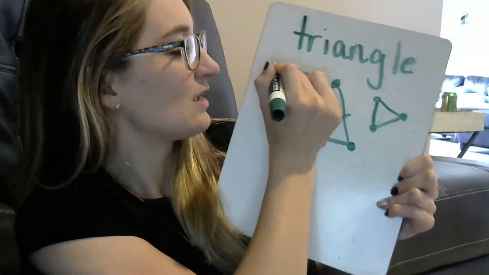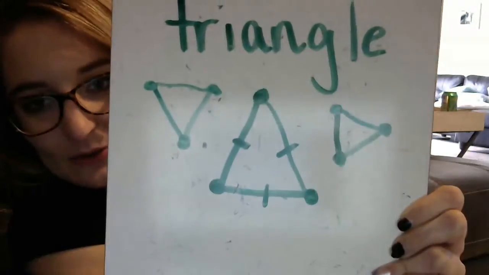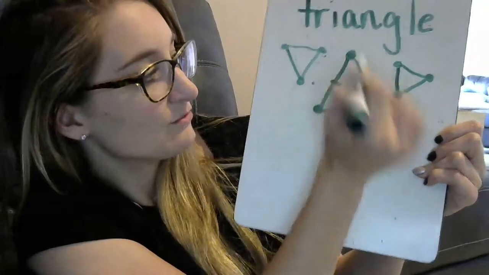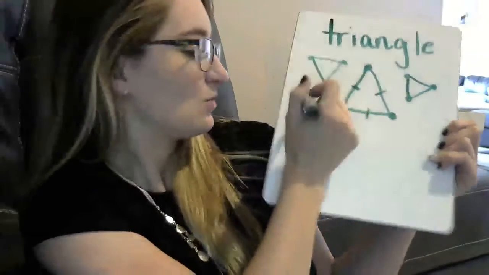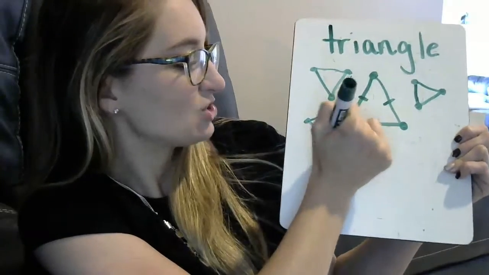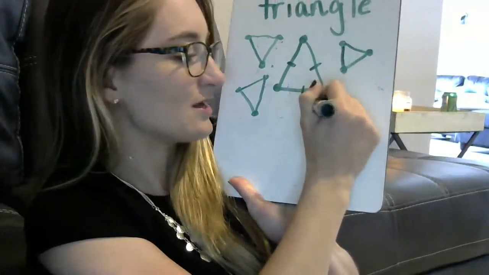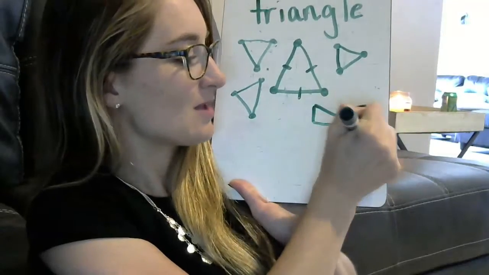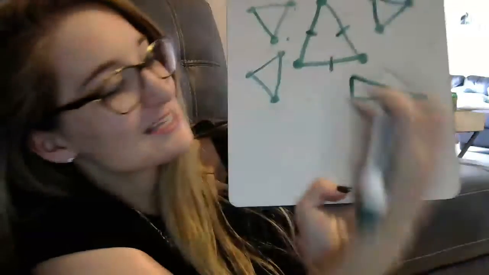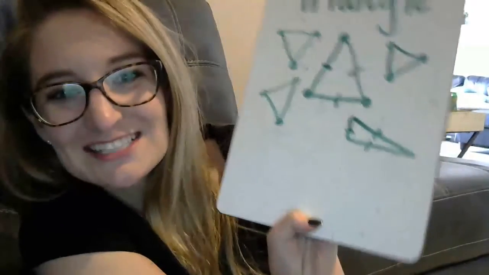We can even make one that looks upside down, sideways, normal, diagonal. Any shape that has 3 lines and 3 vertices is a triangle. Even if it looks wonky and you make it look really skinny, it still has 3 lines and 3 vertices. So it is a triangle.